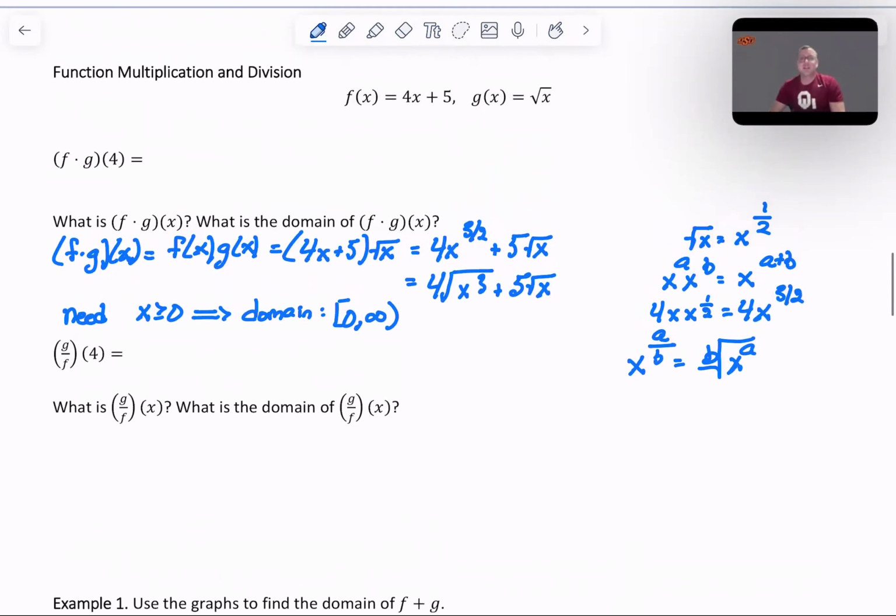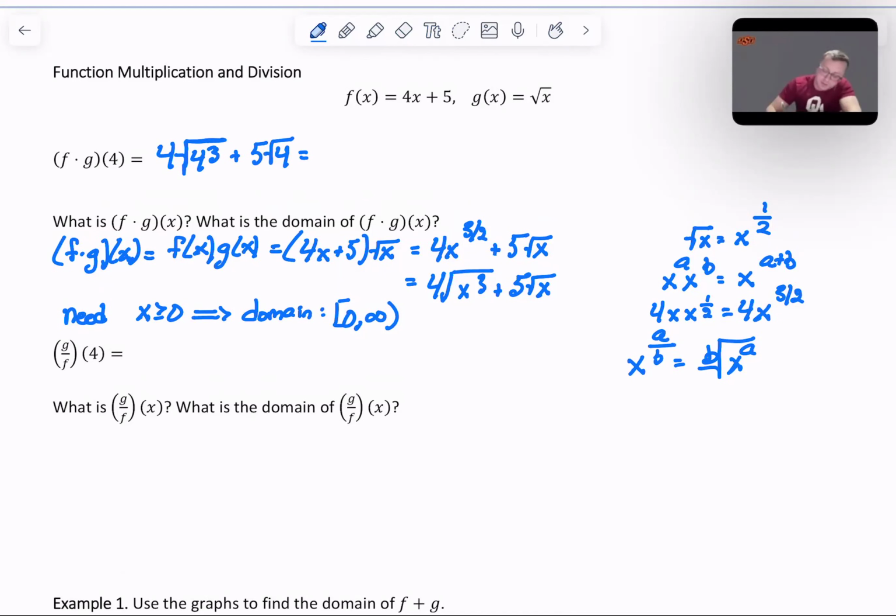Now let's do f times g evaluated at 4. So if I do this, this is just 4 times the square root of 4 to the third, and then plus 5 times the square root of 4. So 4 to the third power is 64.